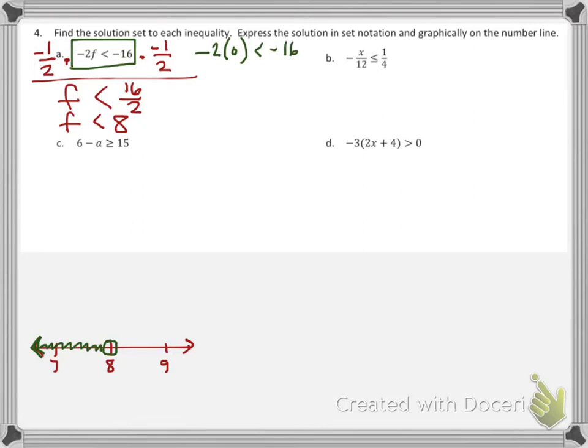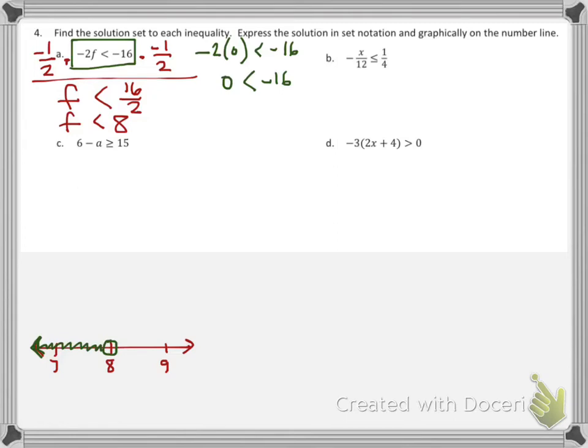And negative 2 times 0 obviously is 0. Is 0 less than negative 16? No, it is not. 0 should have been part of my solution set, but it didn't make the inequality true when I substituted 0 for f. What has happened?